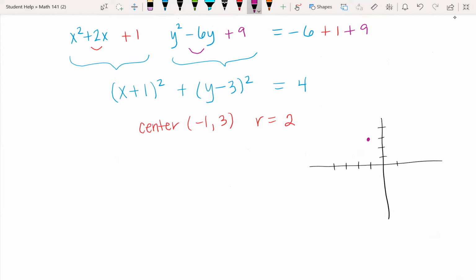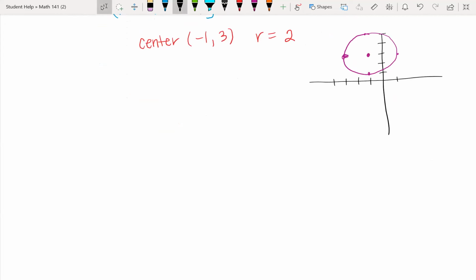So I'll go out here for the radius, up here for the radius, over here, and down here. And then bear with me, this is not going to look like a circle, but you get the idea. Just make that bigger. That's the idea. Okay.